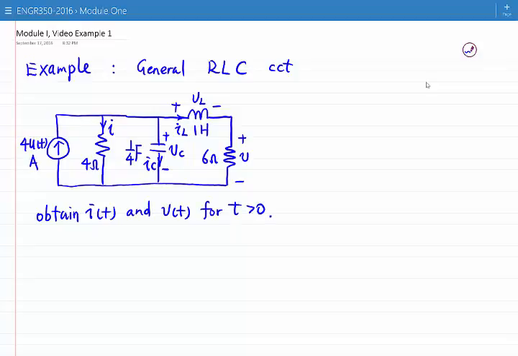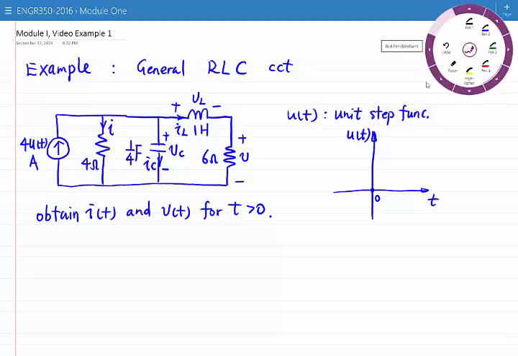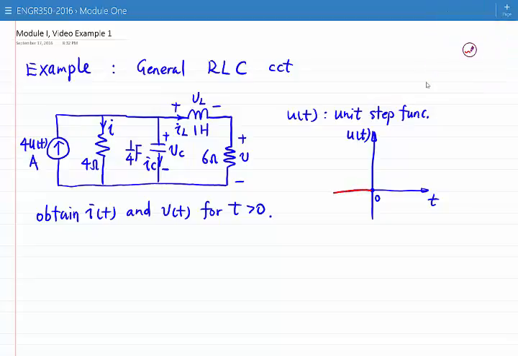So we know that u(t) is a unit step function. Basically, if I have a time axis, and I have u(t), this is time 0. When time is less than 0, the u function is 0.